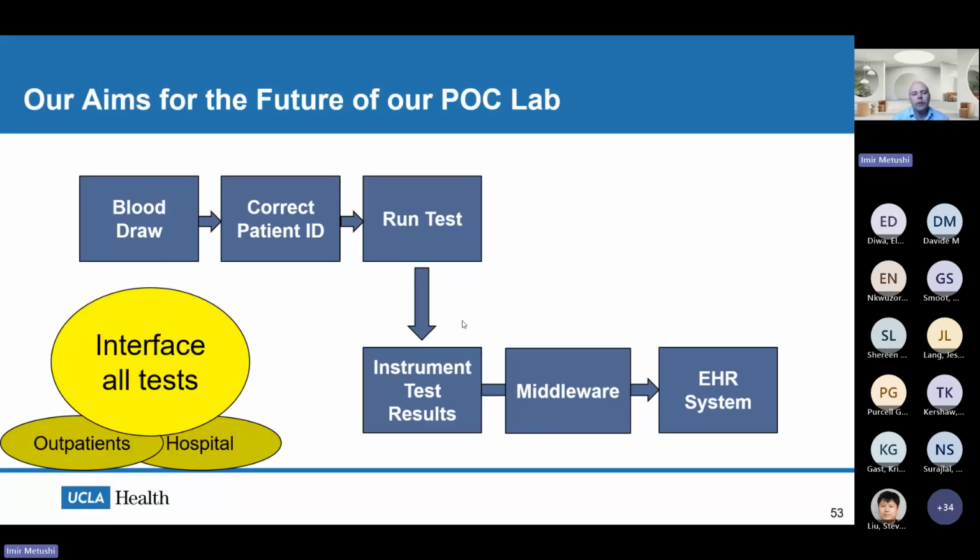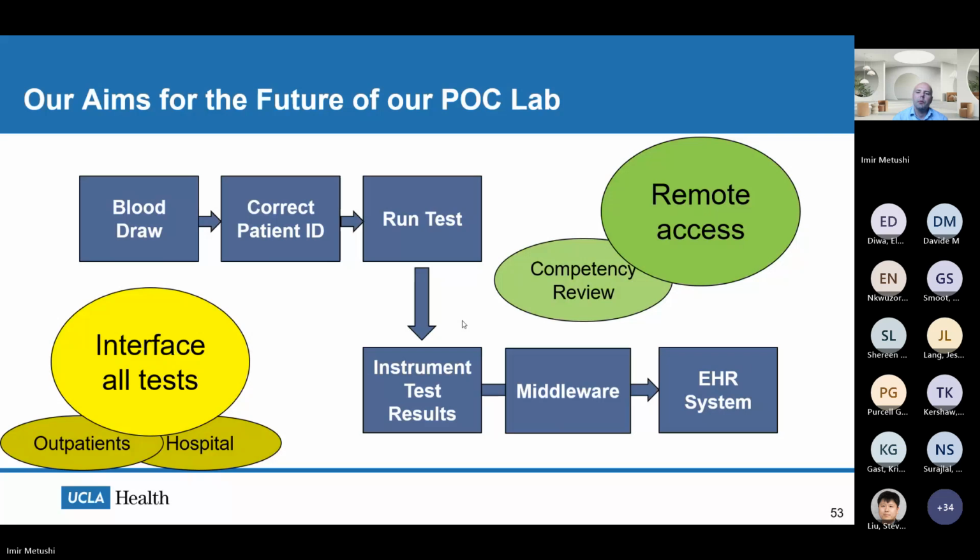But we want to do it in a way that we can actually monitor the program. We want to have testing interface for both hospital and outside of the hospital clinics. And we want to be able to have remote access to that and also have competent and trained staff perform this testing.